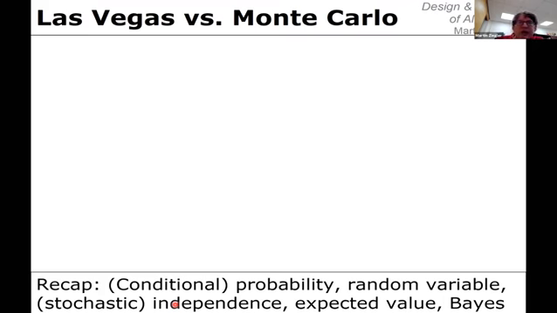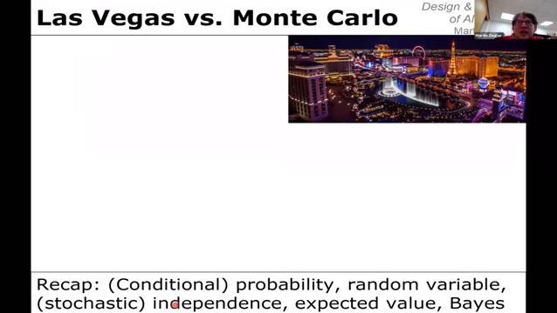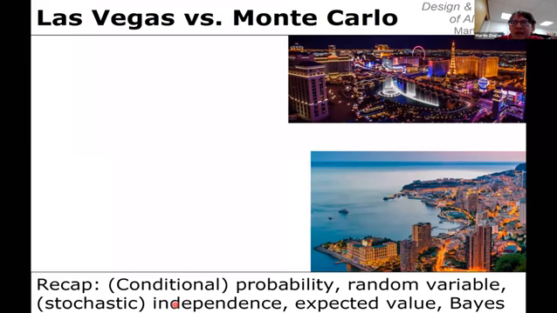Okay, now to the two kinds of algorithms. The first kind is the Las Vegas algorithm, and the second kind is the Monte Carlo algorithm. These names come from two famous towns that are famous, or maybe infamous, for all the gambling that happens there.